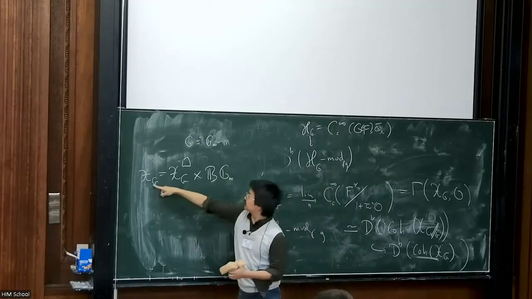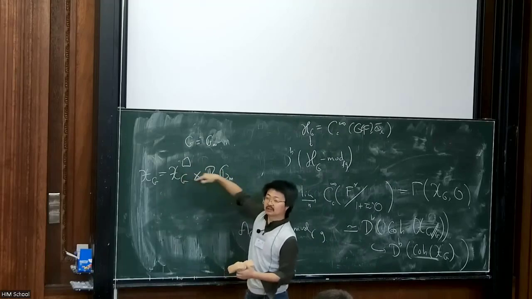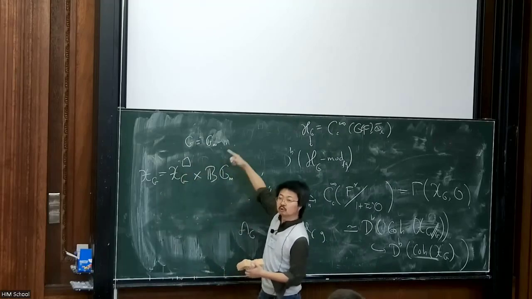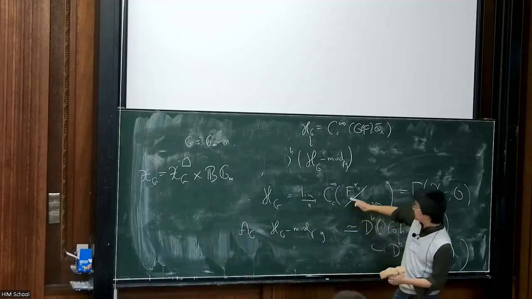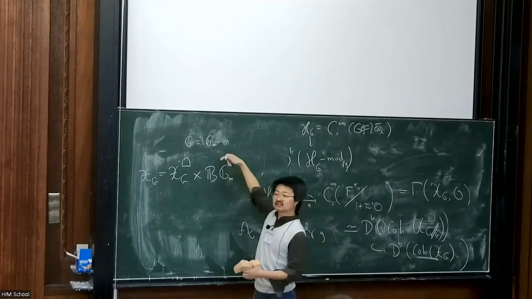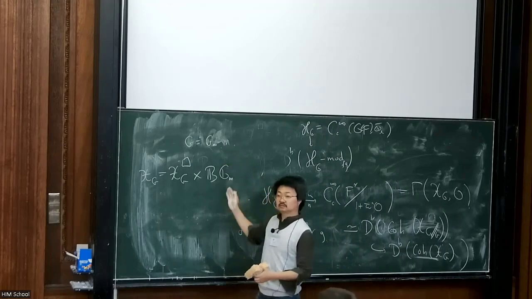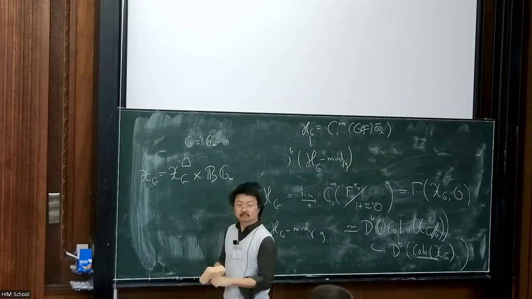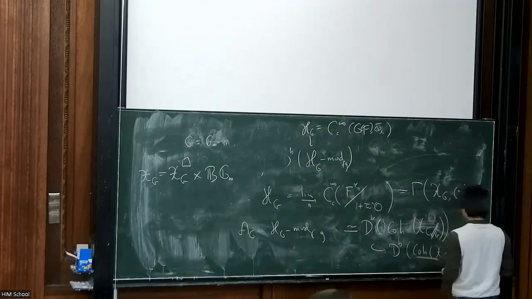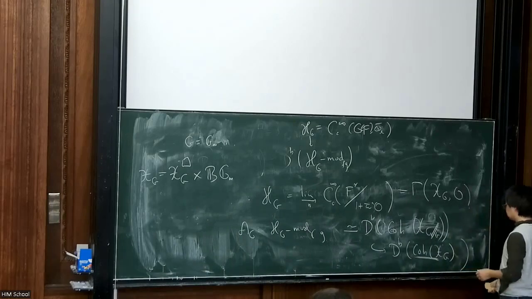So the coherent sheaf on here would be some part coming from here and some more grading. So this representation of G only sees grade zero part, for example. There's some other parts. GIT quotient of the framed thing.